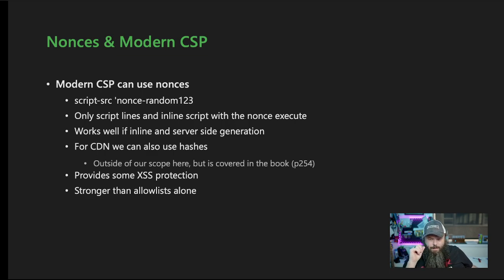We also have the concept of doing hashes, which I'm not going to cover here. The book covers it on page 254. This is actually a really neat thing because it gives some limited protection against a supply chain risk. If you hash your scripts and you allow scripts with this hash to load, if somebody goes and changes the script on your CDN, it won't load anymore, which I think is cool.